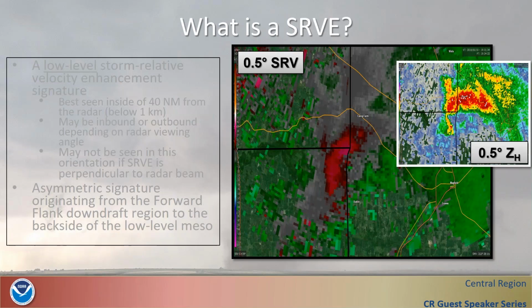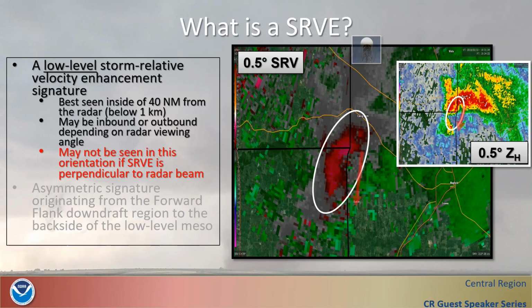So what is a SRVE, or a storm relative velocity enhancement airstream? As I have circled on the little velocity picture here, by definition, the low-level storm relative velocity enhancement feature is best seen inside of 40 nautical miles, as most low-level features are with the 88D.